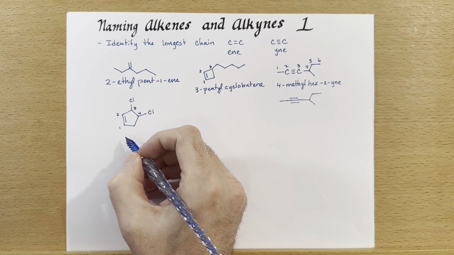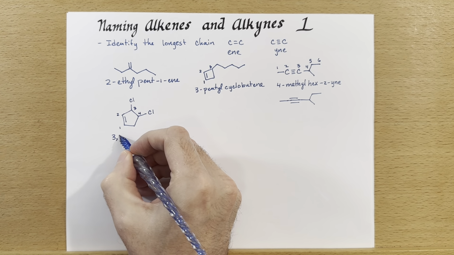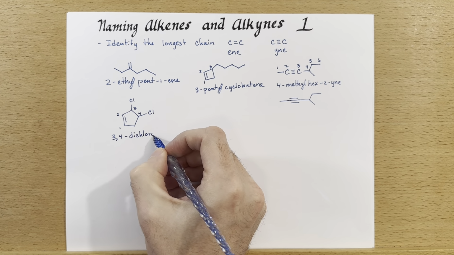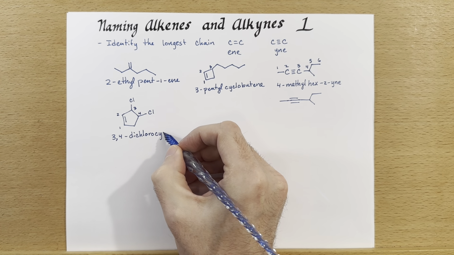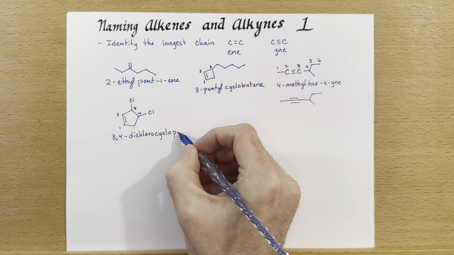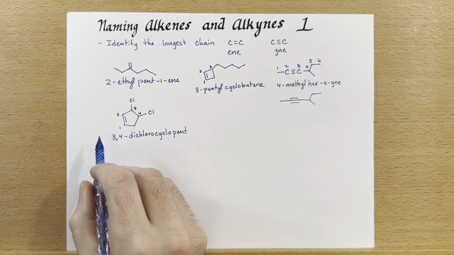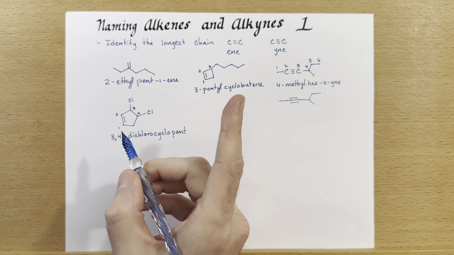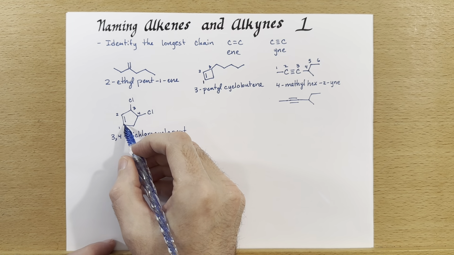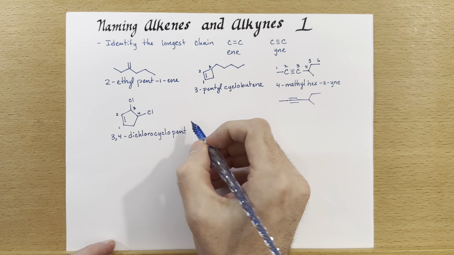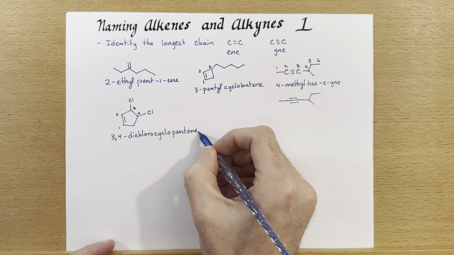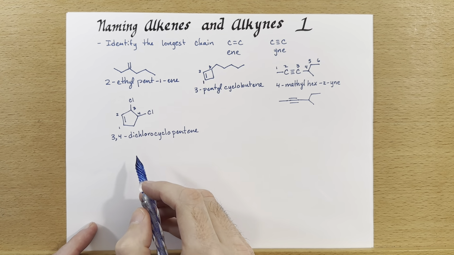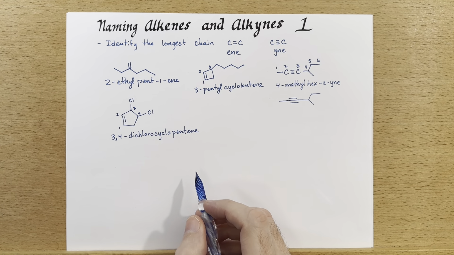So this would be called 3,4-dichlorocyclopent, and then because we know where the priority has to be because of the rules, we do not need to locate this double bond. So it's just cyclopentene. And then from there, you can draw this based on the rules of the molecule.